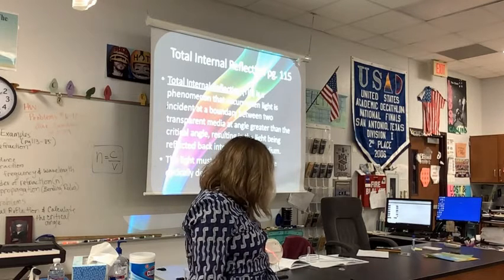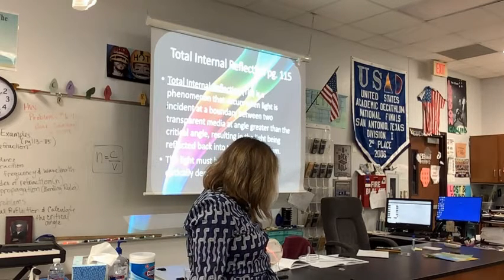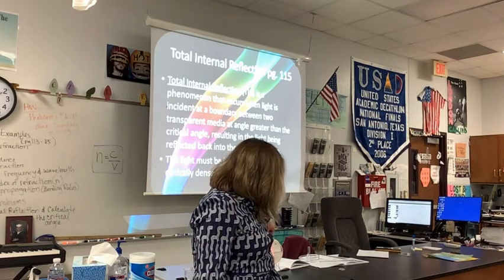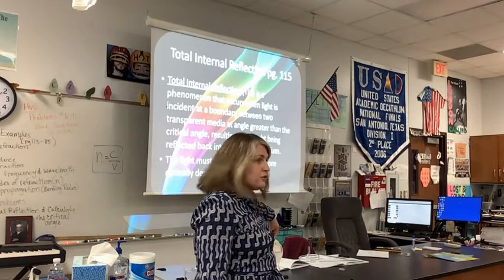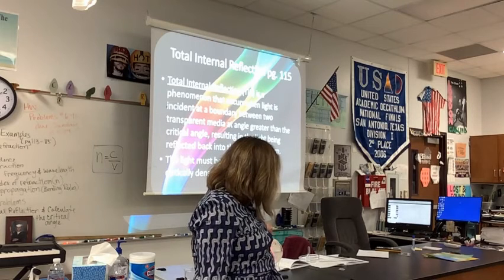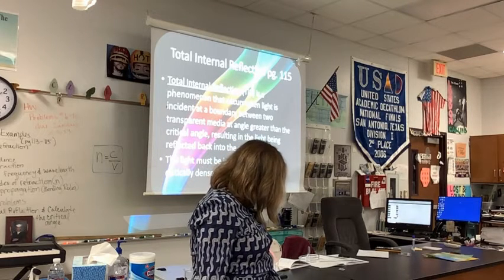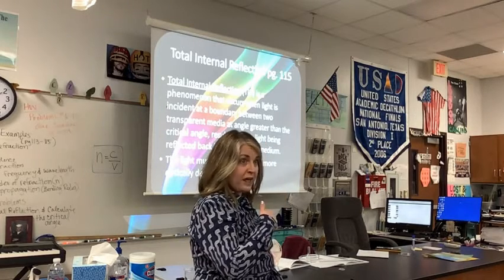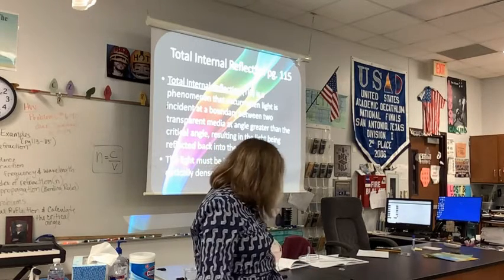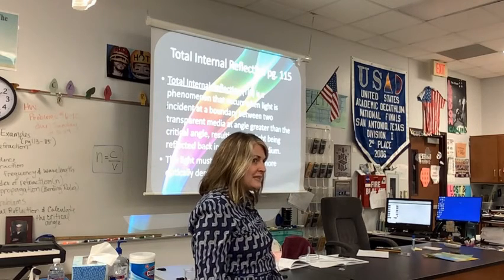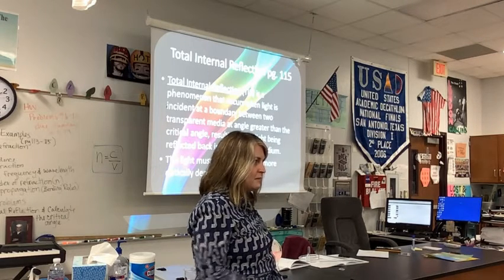So if the light is traveling from the air into the water, it's just going to get closer and closer to the normal until there's no change in direction at all, right? I see a little bit of reflection right there, but I'm never seeing total reflection where all the light is reflected. So that's only going to happen when the light is incident in the more optically dense medium.